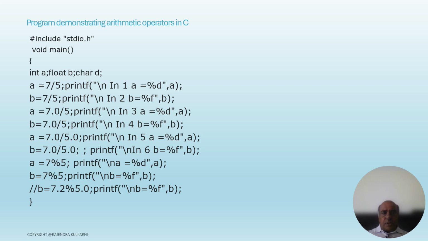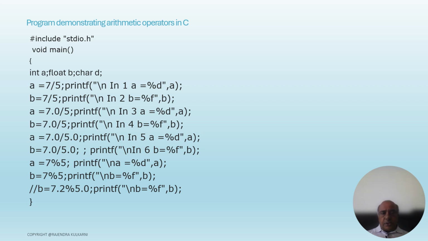Let us see a program which demonstrates various arithmetic operators in C. In this program, we have declared three variables, int a, float b and char d.